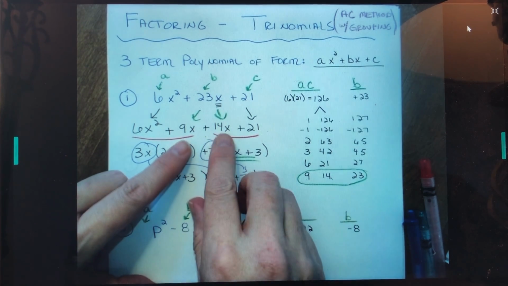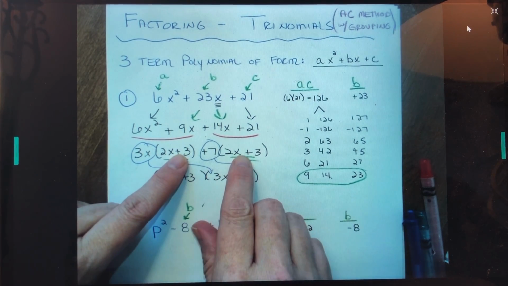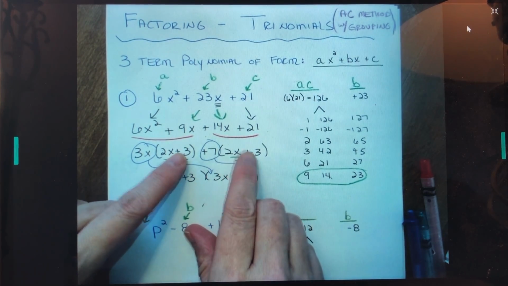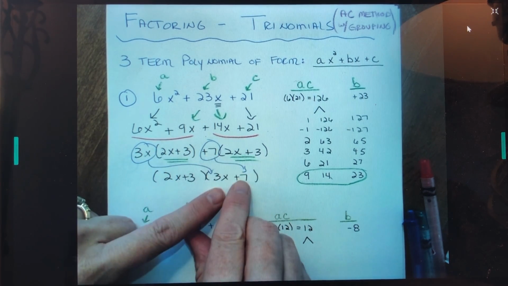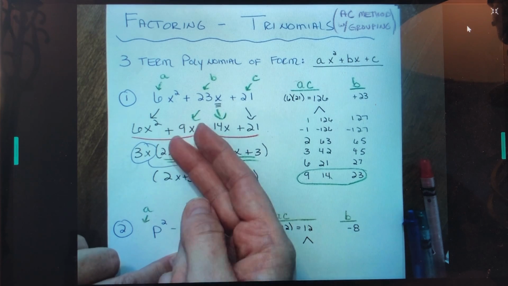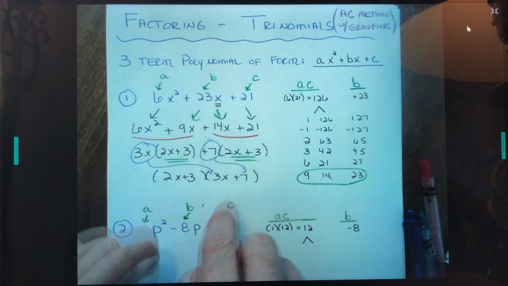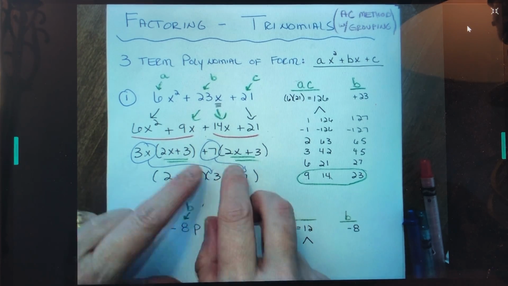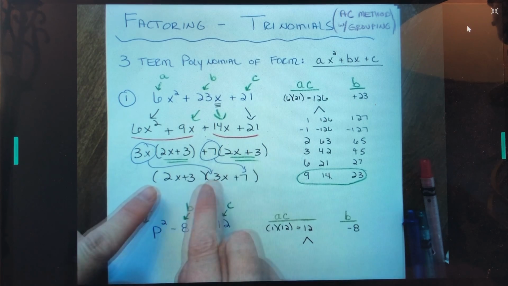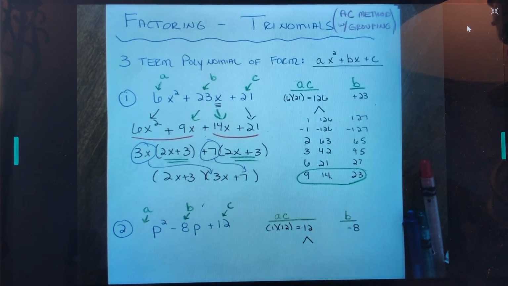When you put the 9 and the 14 in this orientation, it caused the 2x plus 3 to be the term that duplicated, and these were your leftovers. If we had flipped those and put them in the alternate order, this term, the 3x plus 7, would have been the one that had been duplicated, and these two would have been the GCFs. So just not something you need to worry about necessarily.